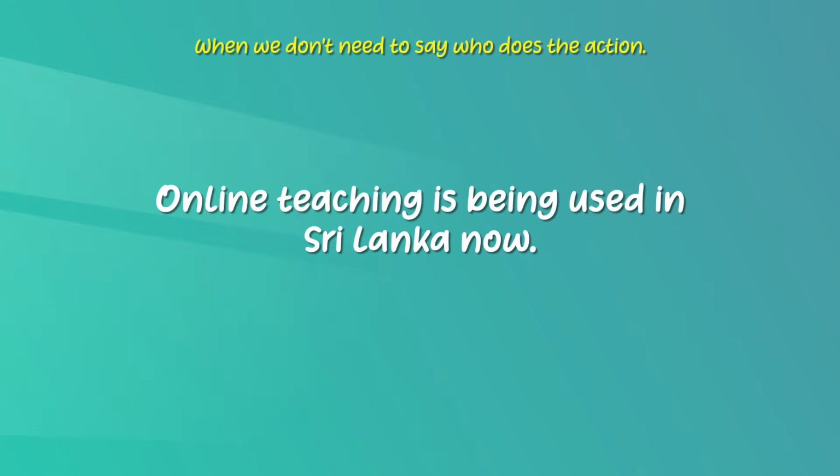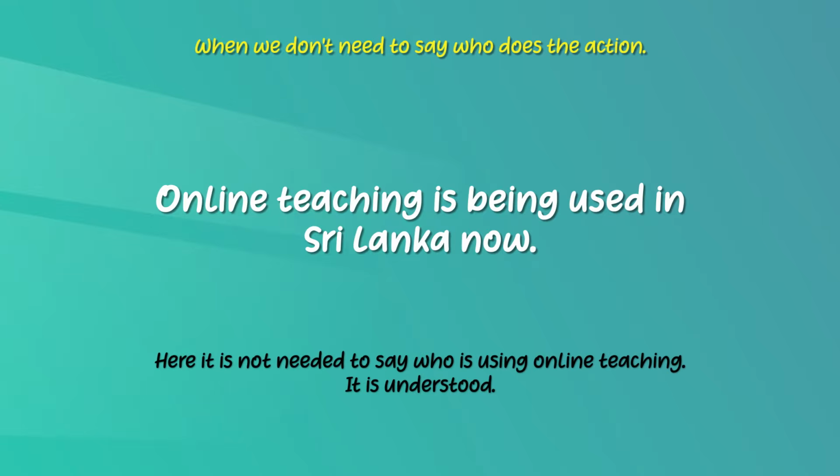We also use the passive when we don't need to say who does the action. Look at this example. Online teaching is being used in Sri Lanka now. Here it is not needed to say who is using online teaching. It is understood. I hope it's clear now why we use passive voice instead of active voice sometimes in real life.